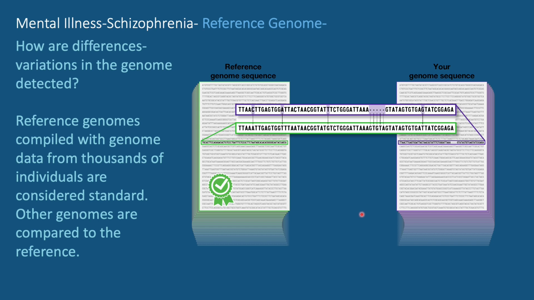How do scientists detect such differences in the genome? And this is a very important question. Scientists have compiled data from the genome of thousands of individuals. So they have compiled what we call a reference genome sequence, what you see here in the cartoons on the left.